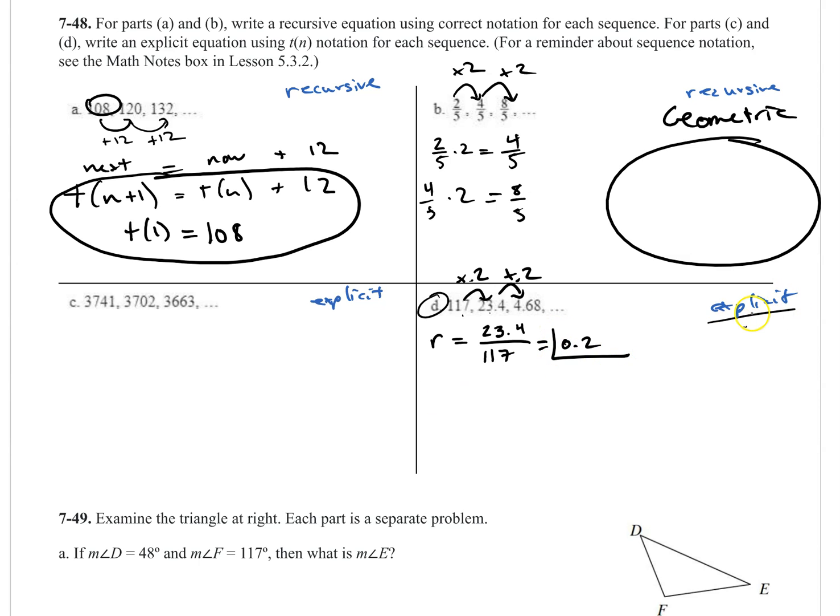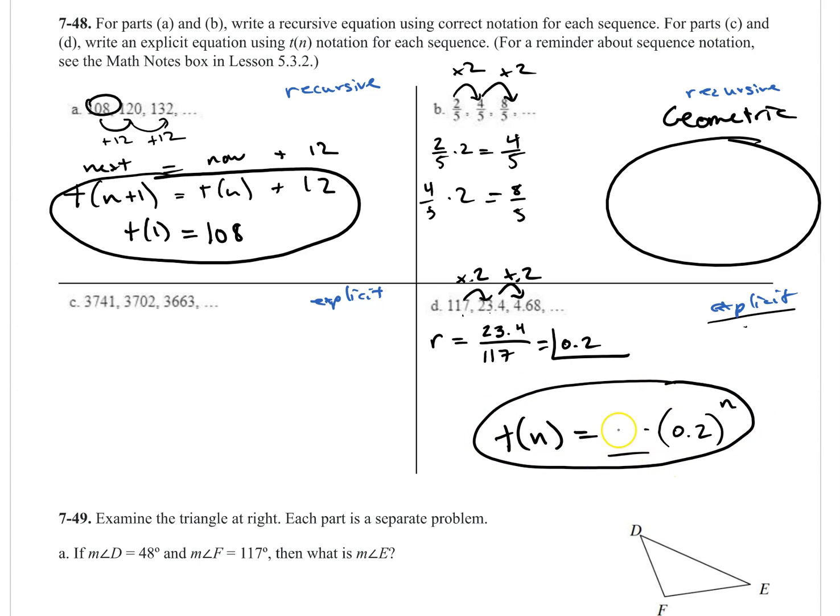Alright, so we need an explicit equation. That's going to be of the form t of n equals the starting value, or the zero term, times the multiplier raised to the power n. So we just need to find the zero term. The first term is 117, the second term is 23.4. To go forward, I'll multiply by 0.2.